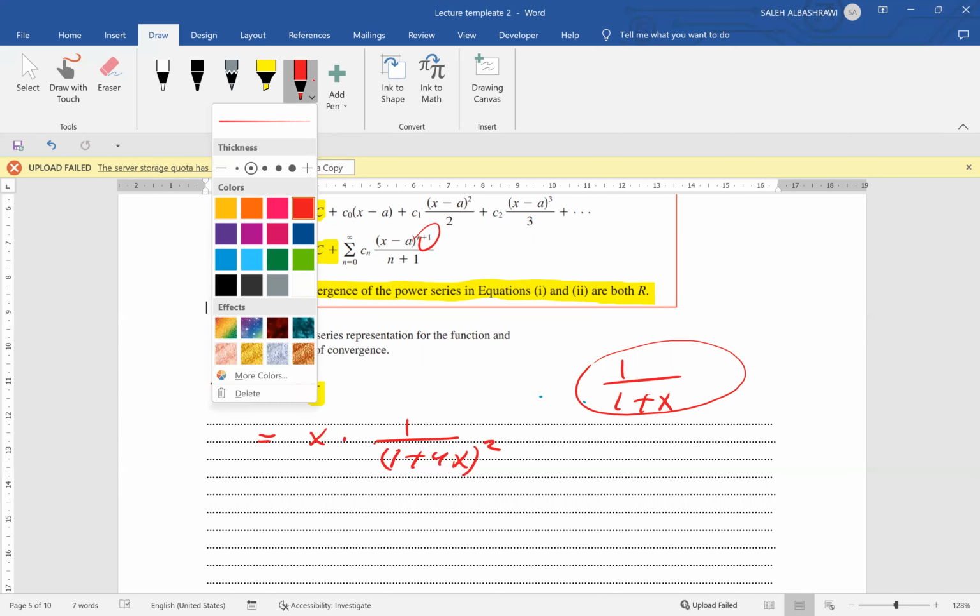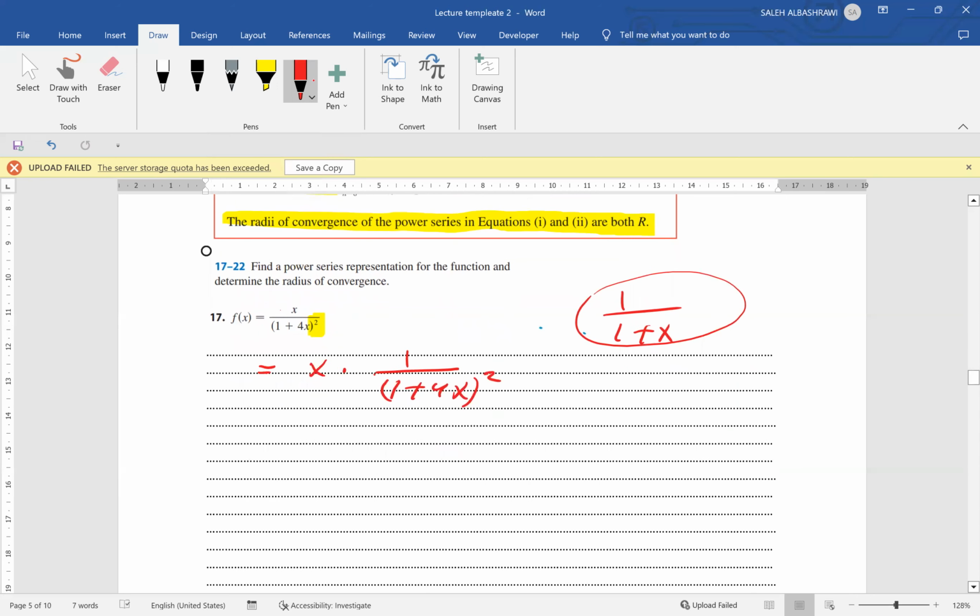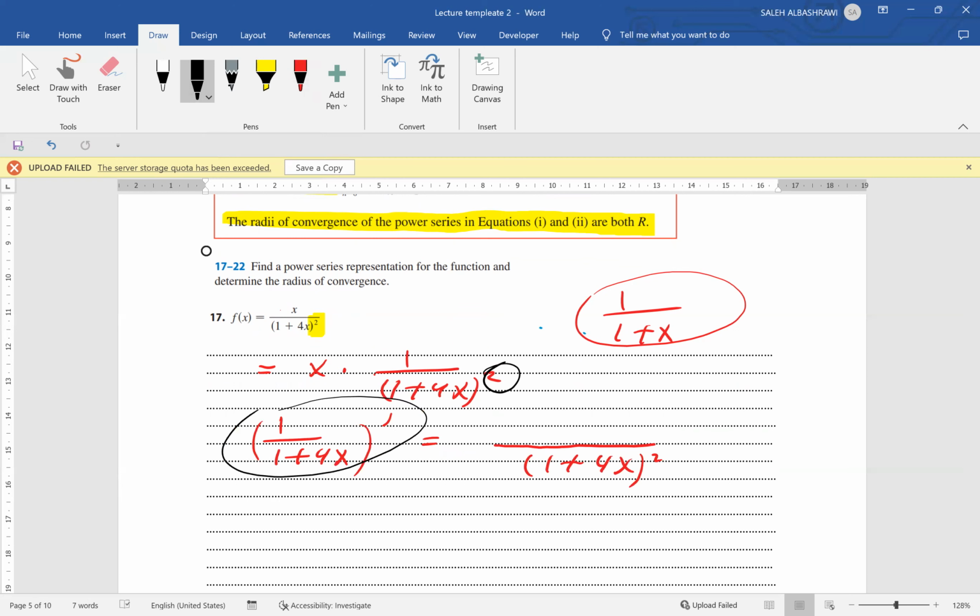I know that the derivative of 1 over 1 plus 4x is equal to, down I will have (1 plus 4x)^2, so we got the power there from the derivative, and for the numerator, it is minus 4.